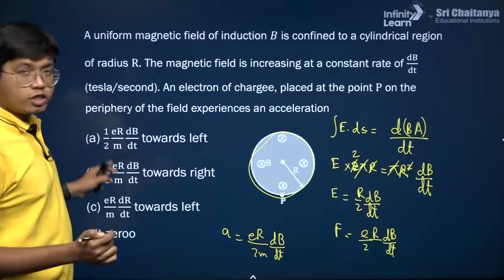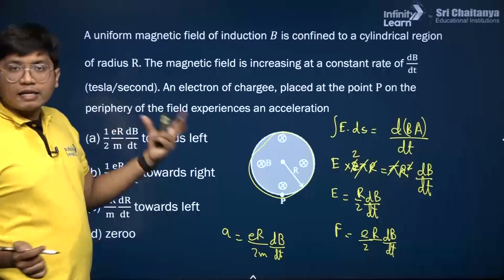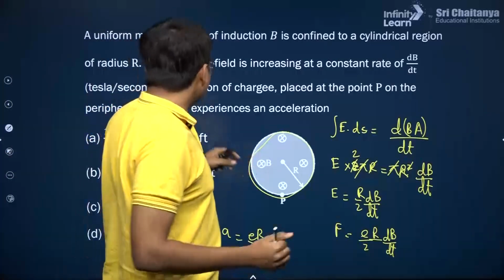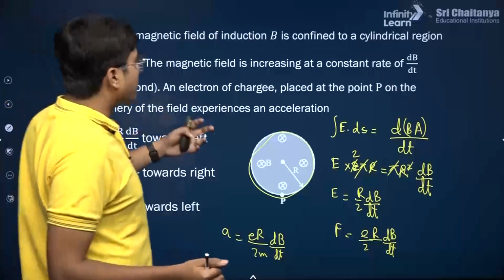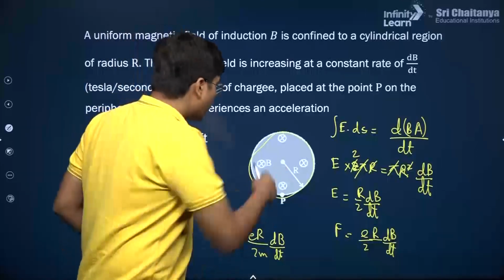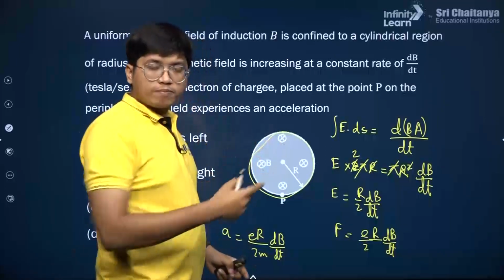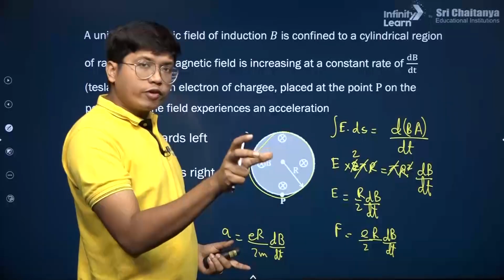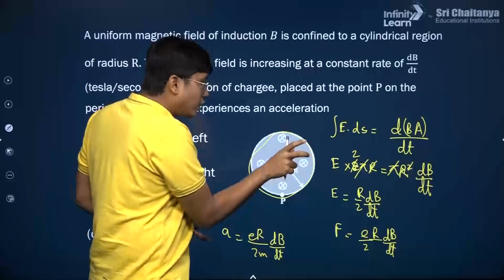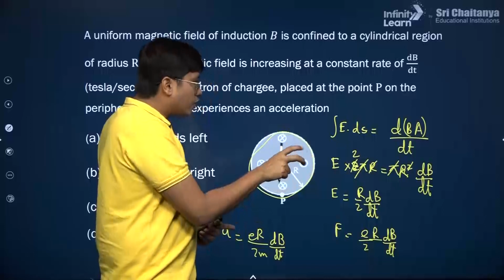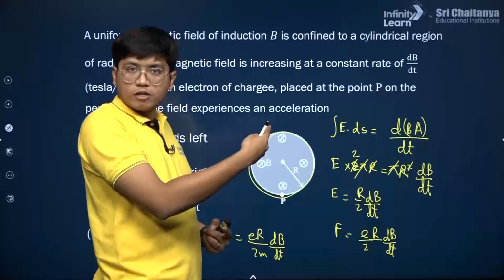Now in which direction will it move? Let's apply Lenz's law over here. According to Lenz's law, what is actually happening is the magnetic field is increasing. So magnetic field pointing into the page, and that is increasing, means if you have a north pole here, the north pole is coming closer. That is why the field inside is getting stronger.